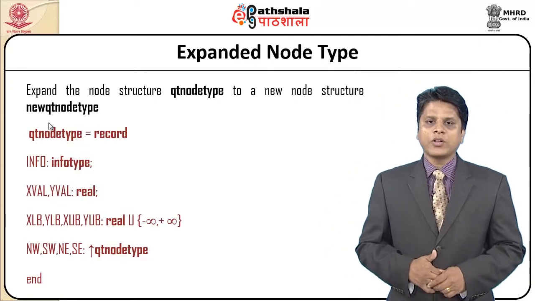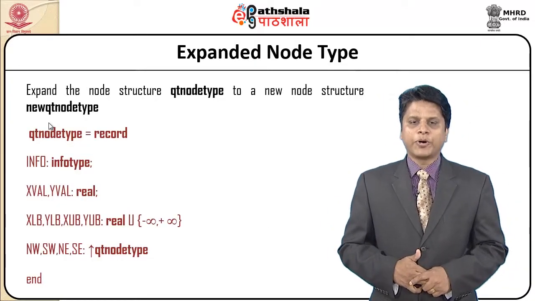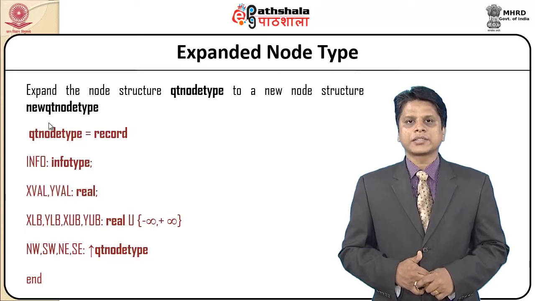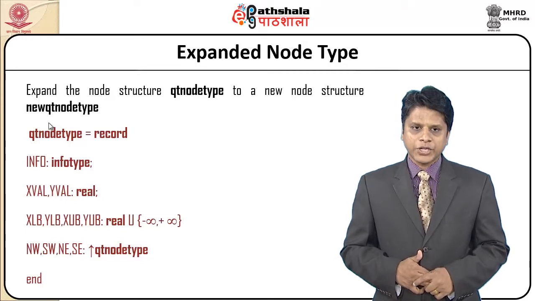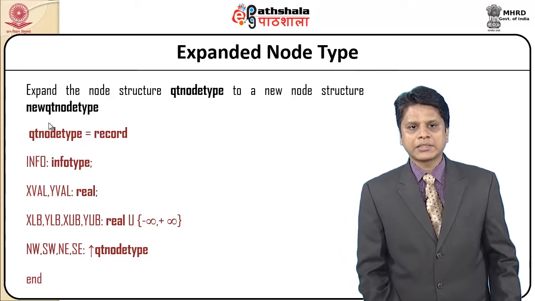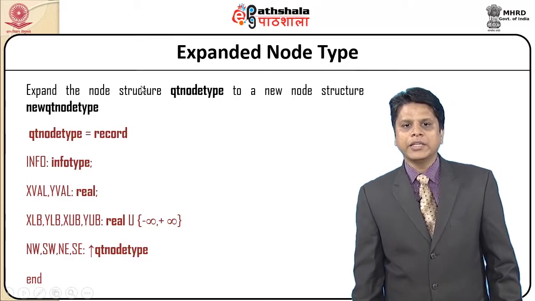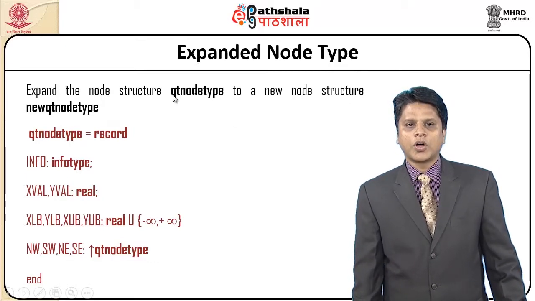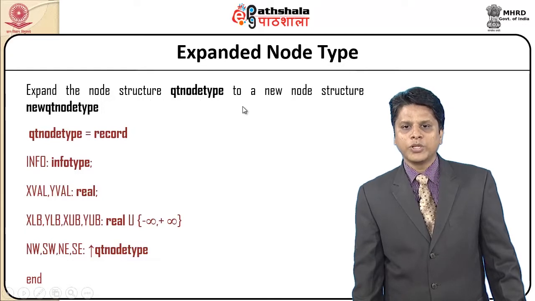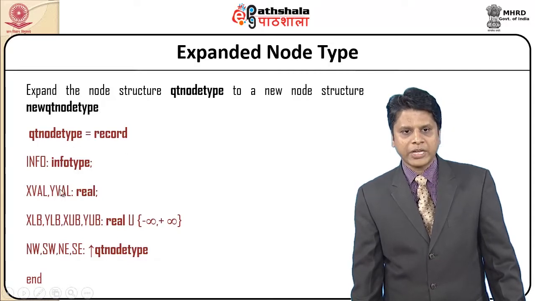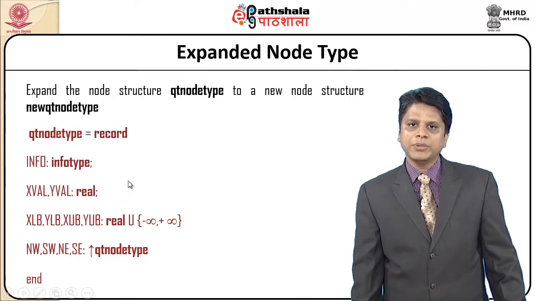To define the node type of MX Quadtrees, the node structure will be something like this. We expand the Quadtree node type to a new node structure, the new Quadtree node type, where the Quadtree node type is a record, with information as info type, and X value and Y value as real. Until this point the procedure is very common with point quadtrees.